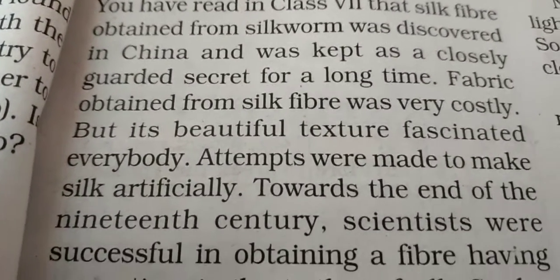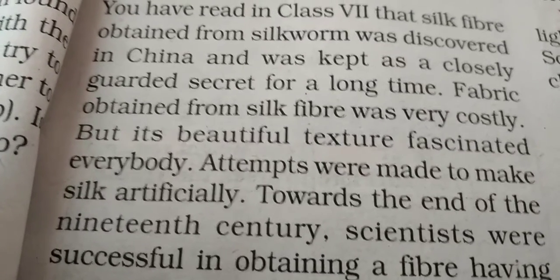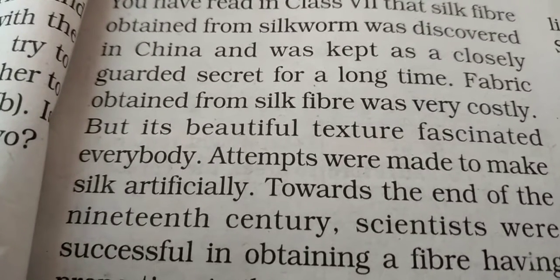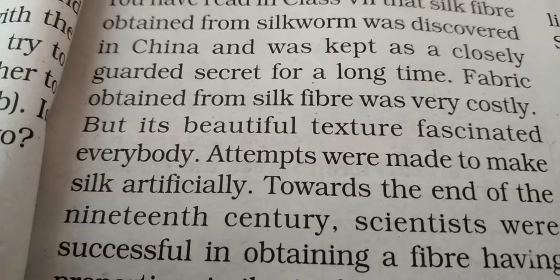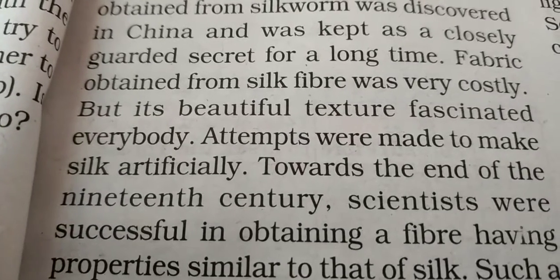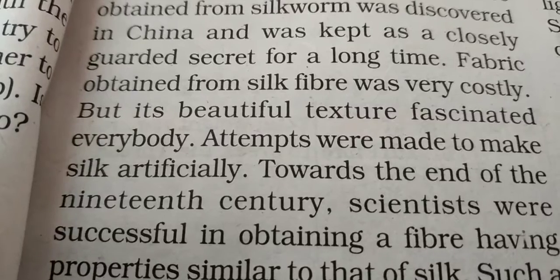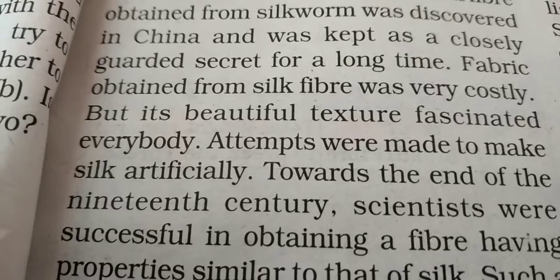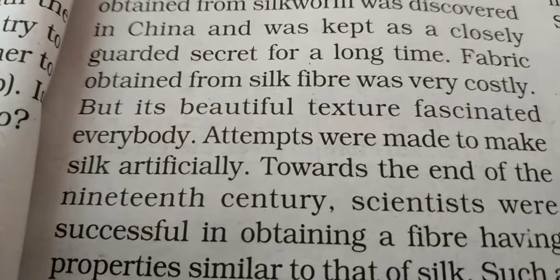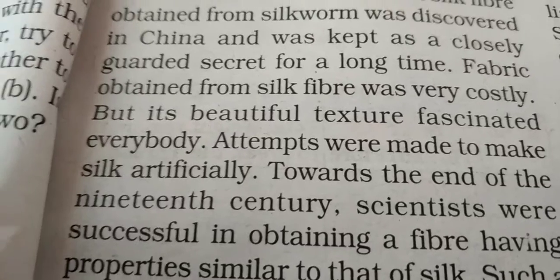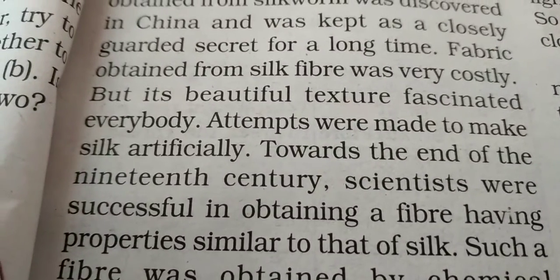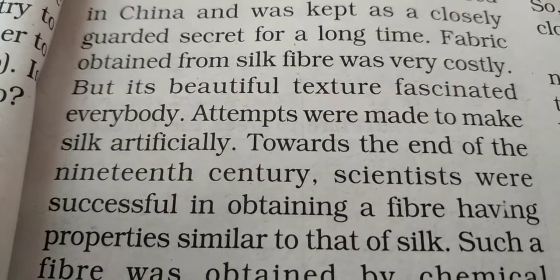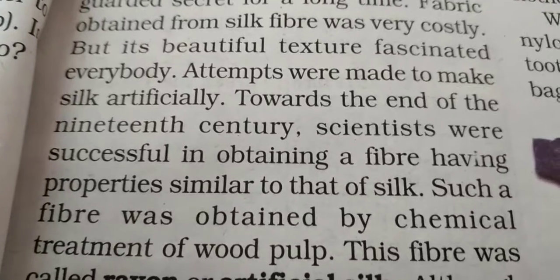Silk fiber is so beautiful, its texture is so fascinating that every woman would like to wear cloth made up of silk. And so the need of manufacturing silk artificially arose, and towards the end of 19th century it was successfully obtained, and it had similar properties to that of silk look wise.